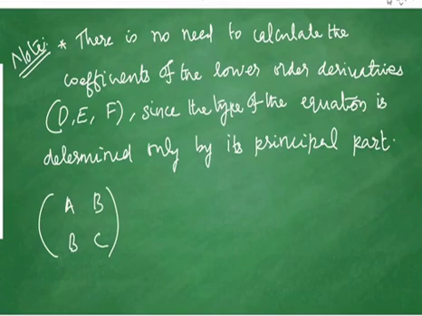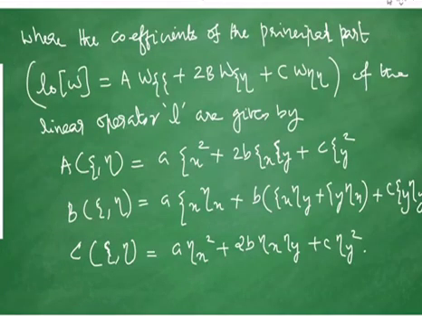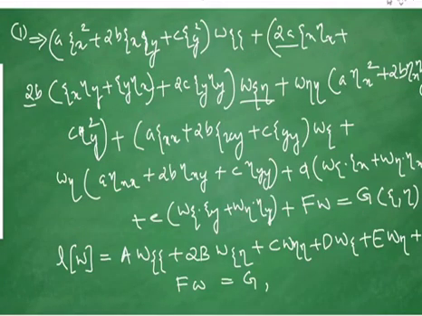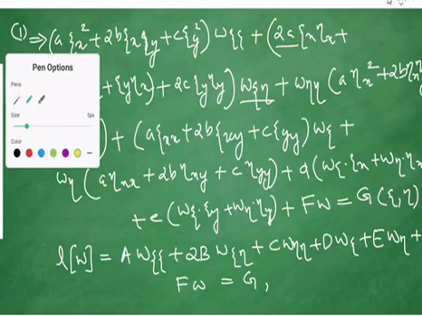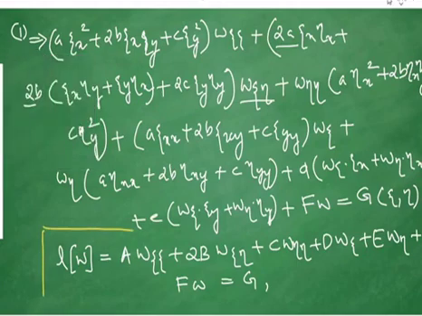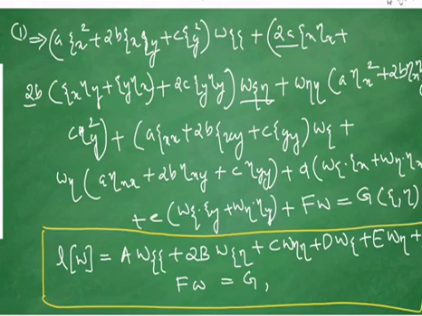Because the type of the equation is determined by the discriminant of this transformed equation. The discriminant is actually B square minus AC, isn't it? So here it is capital B square minus AC. So we are writing this in matrix form.